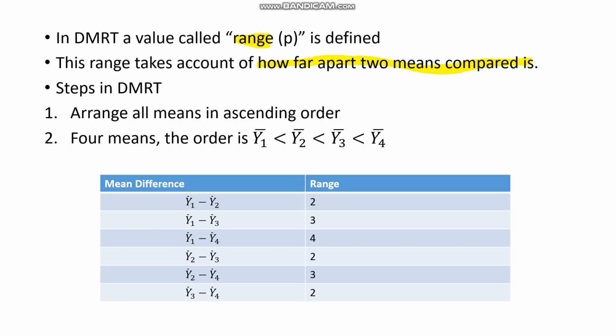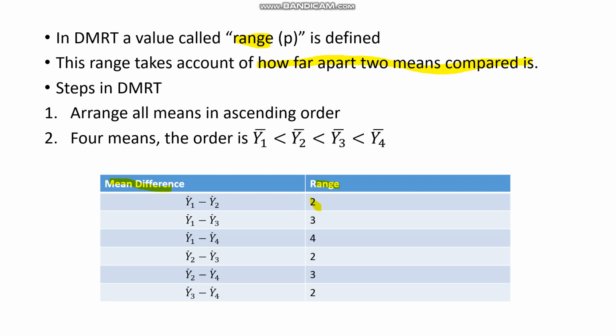Then we can take the mean differences and give the range value. This range definition is somewhat different from the previous cases. In the previous, traditional way, how do we calculate the range? We subtract the minimum value from the maximum. But here it is somewhat different. When you take the difference between y bar 1 and y bar 2, there are two groups, so it is given as 2.